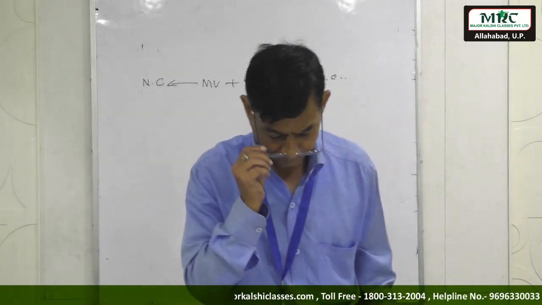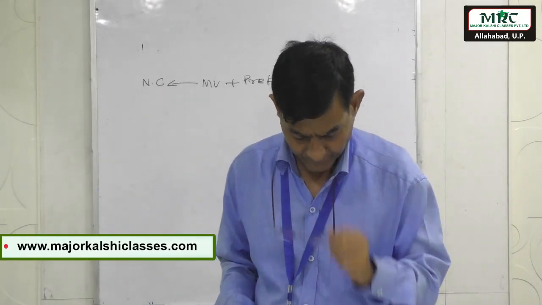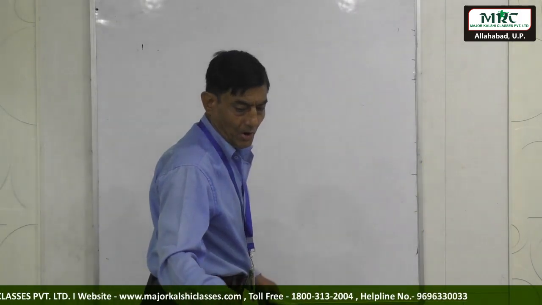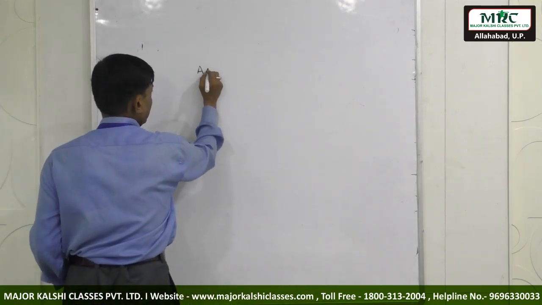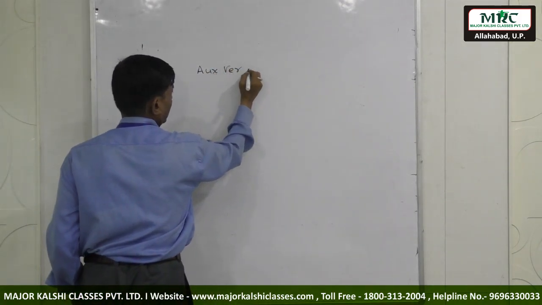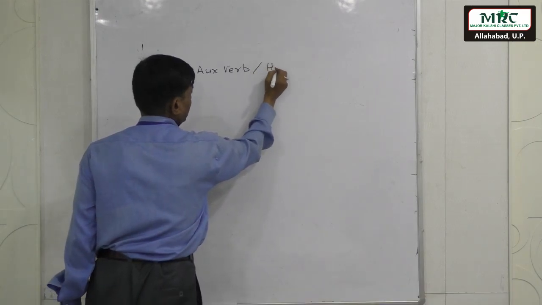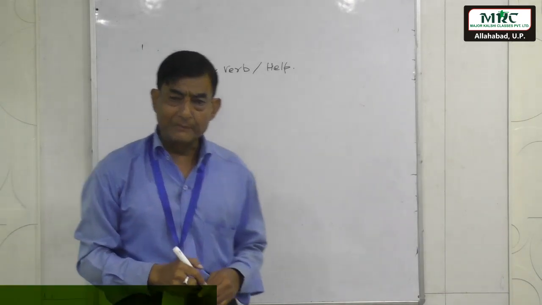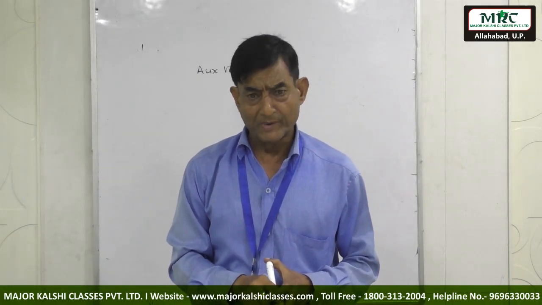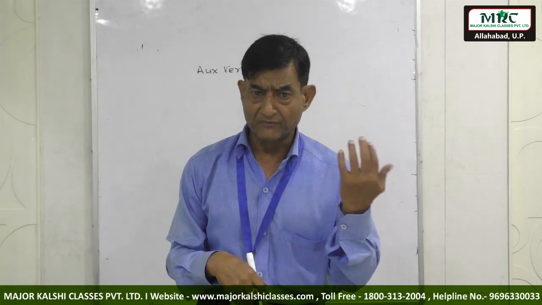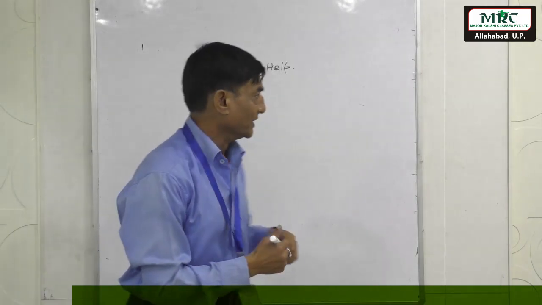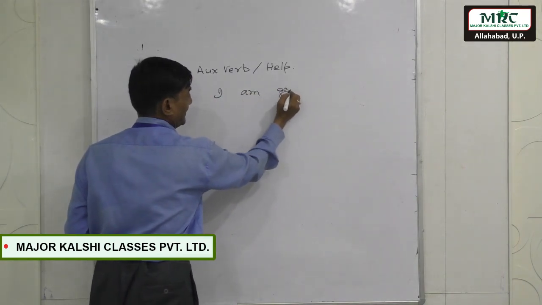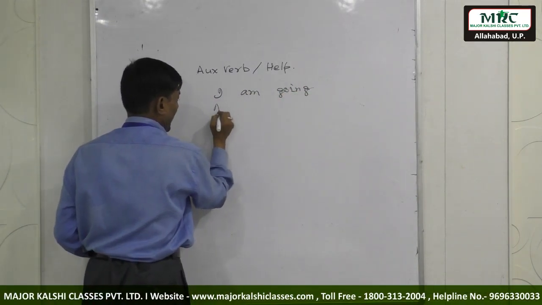Next, auxiliary verb or helping verb. It always comes either right before or right after nominative case. It can never come with objective case. In such, I am going, am I going?